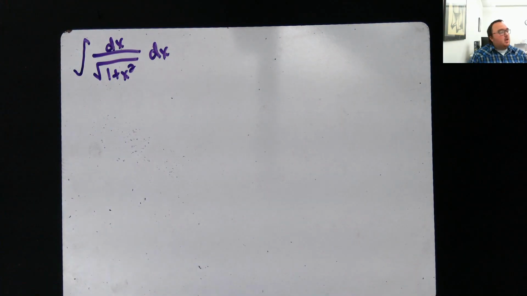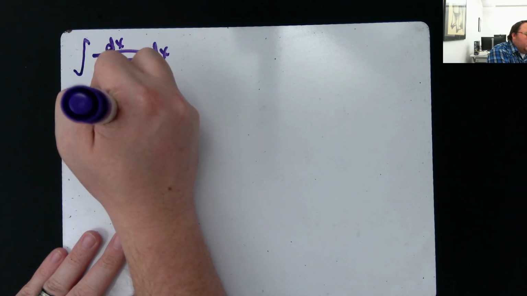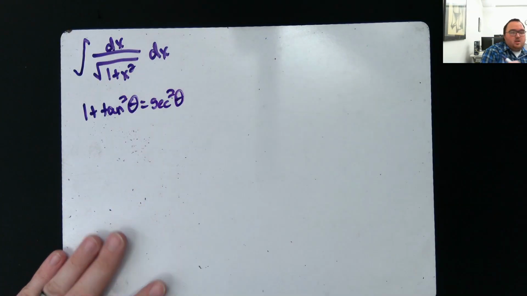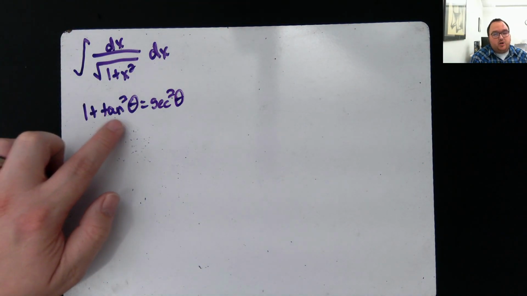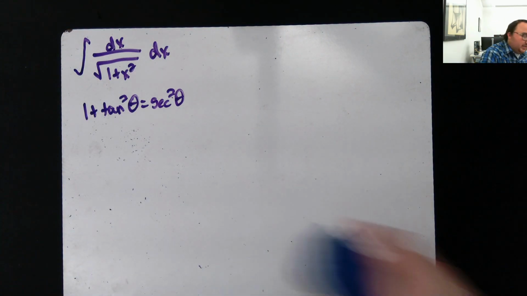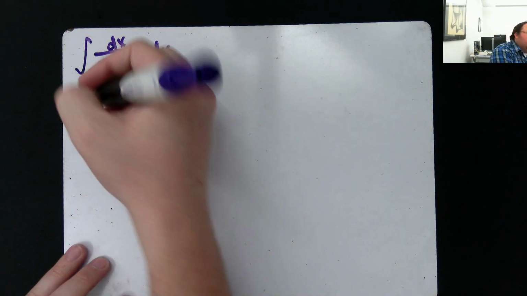Now it's plus. So think about our trig rules. We know that we have a rule where 1 plus tangent squared is equal to secant squared. So I have 1 plus something squared, which means I'm going to use this rule because it's 1 plus tangent squared. So what this means is that x is going to be equal to tangent.